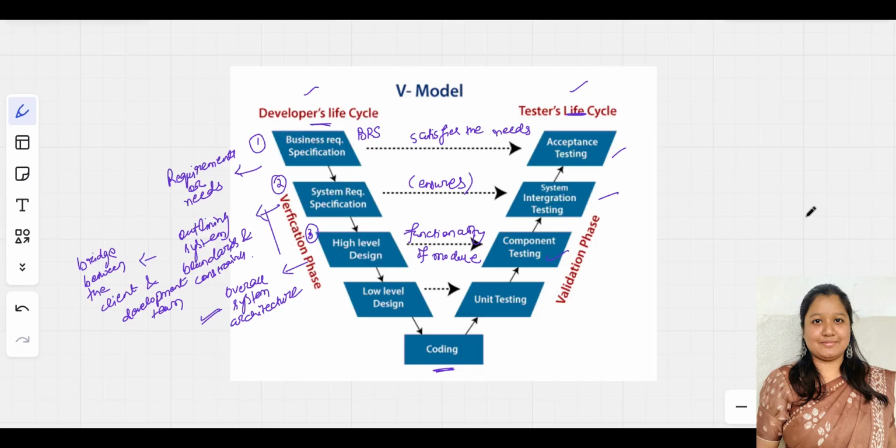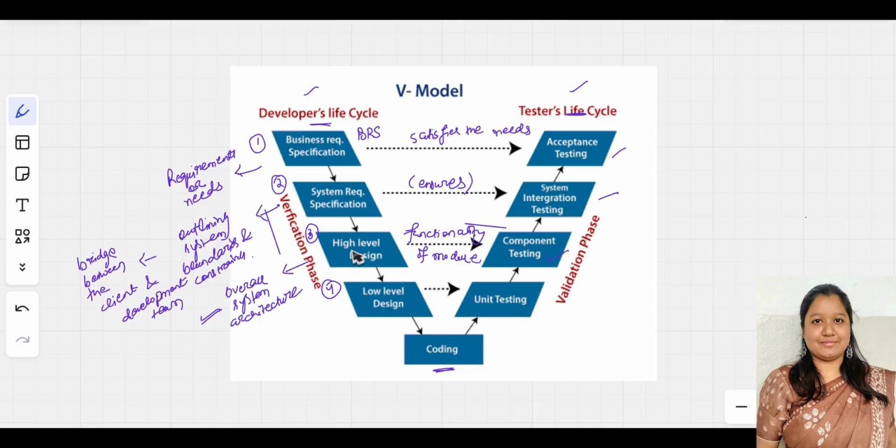So each module will be tested, and obviously the component testing will check whether each module has been provided with the proper functionality which it deserves. Then we move to the fourth phase, which is also known as low level design. Now, high level design talked about your overall system architecture, right?